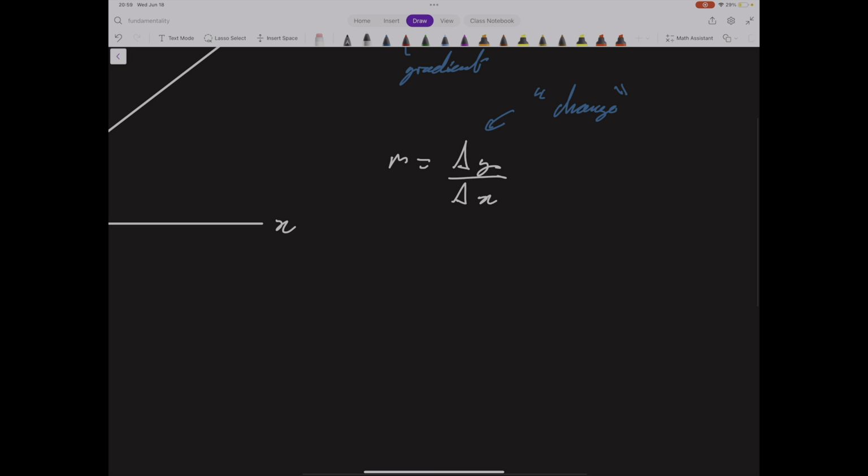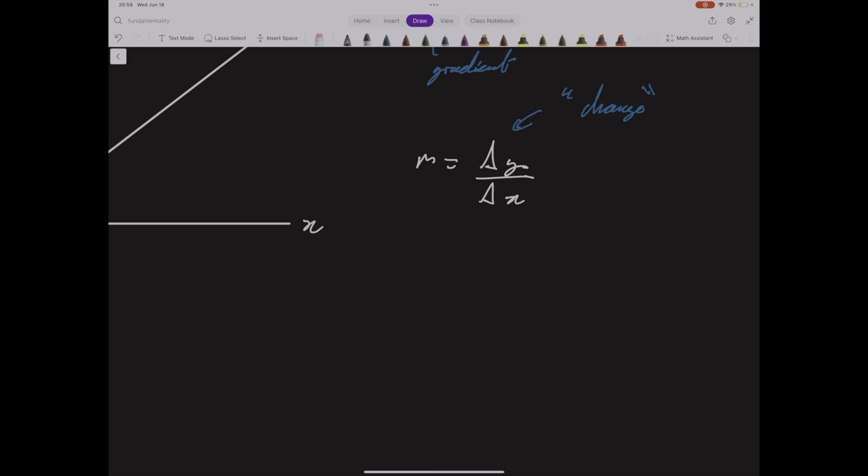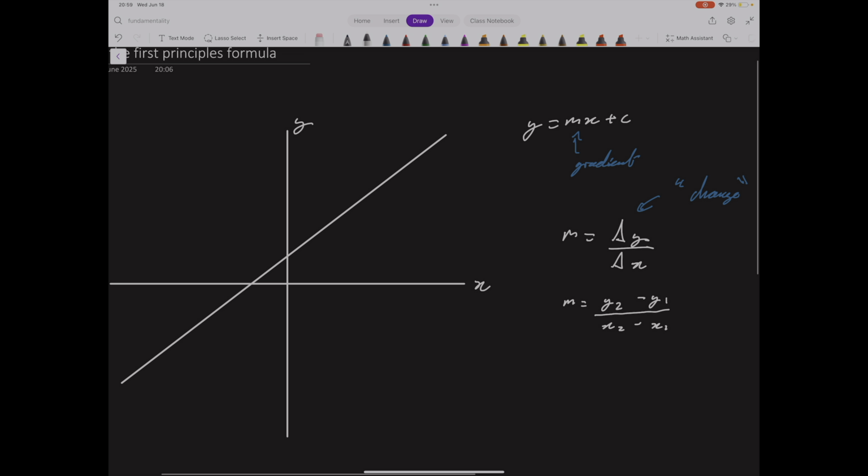But let's put this in a clearer context and actually do this mathematically, because just saying the change is strange. So we're going to do it in terms of y2 minus y1 over x2 minus x1. What you need to do there is choose two different points on the graph.